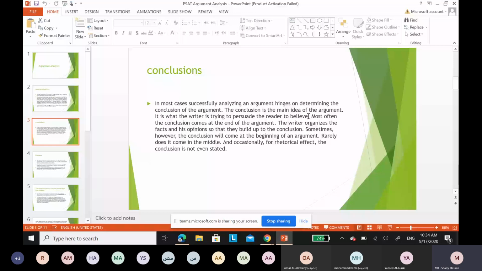Rarely does it come in the middle, and occasionally, for rhetorical effect, the conclusion is not even stated. Maybe you're not going to find the conclusion. 90% of the time you can find it at the end, but seldom you can find it in the middle. And sometimes, 10% of the time, you can find the conclusion in the beginning.